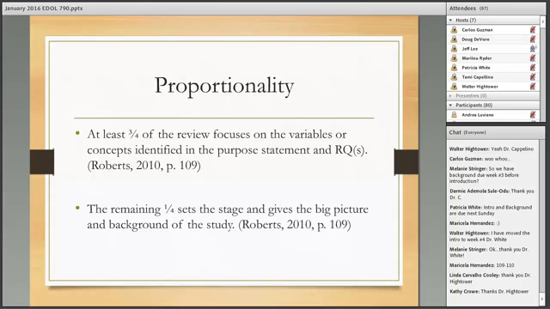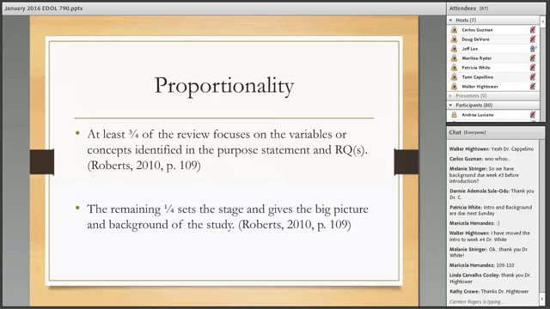By doing this in the first 3/4 of your review of literature, Roberts basically says that creates a foundation for the last 1/4 of your review of literature, and that then becomes the foundation of your study. More or less, it is a way to situate your study. Okay, so I'm going to take you through an example of this.